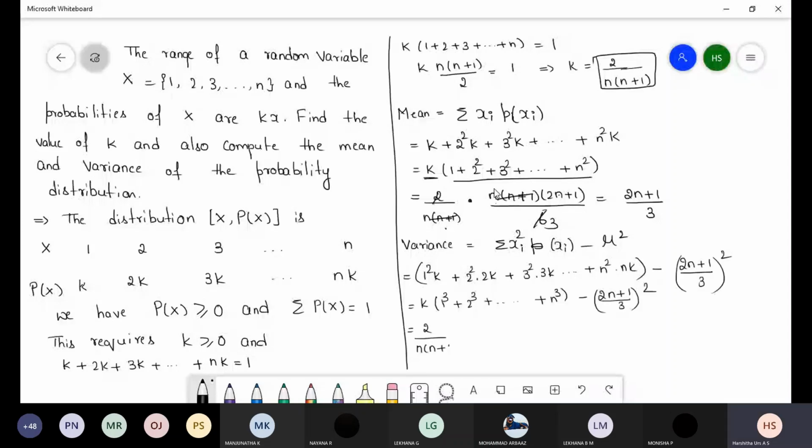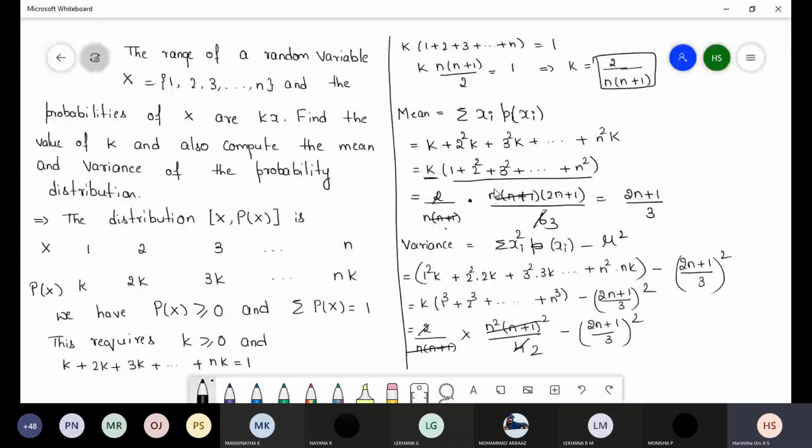It means n square into n plus 1 whole square divided by 4, minus 2n plus 1 divided by 3 whole square. 2 ones are 2, 2 twos are 4, again n into n plus 1. Writing the remaining terms here, n into n plus 1 divided by 2 minus 2n plus 1 whole square divided by 9.